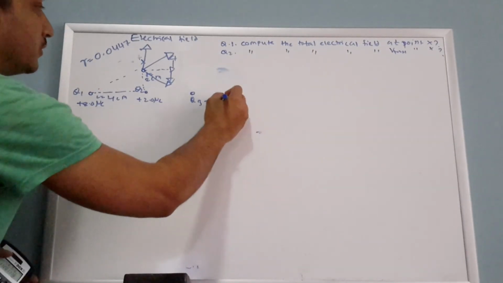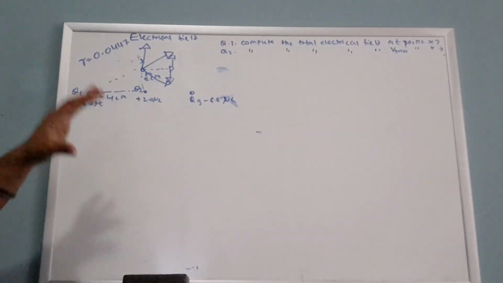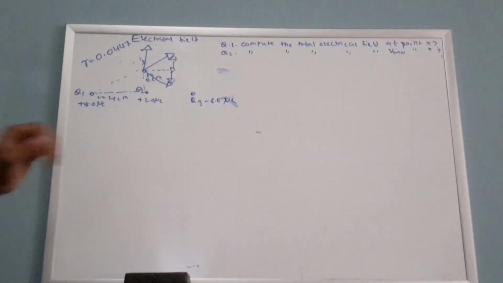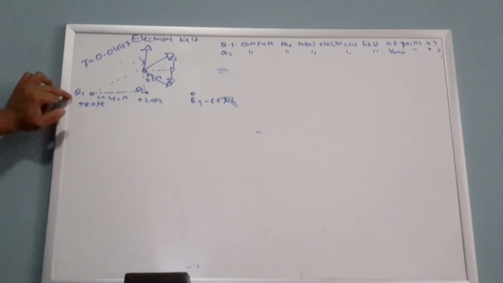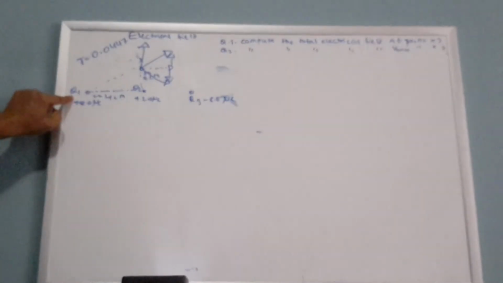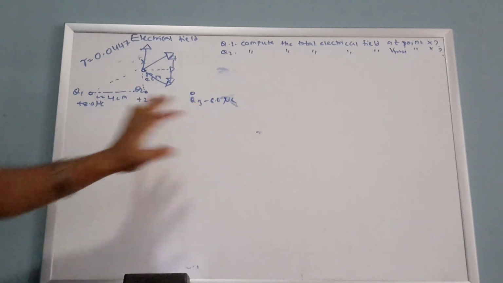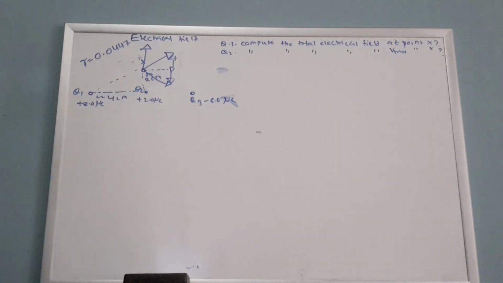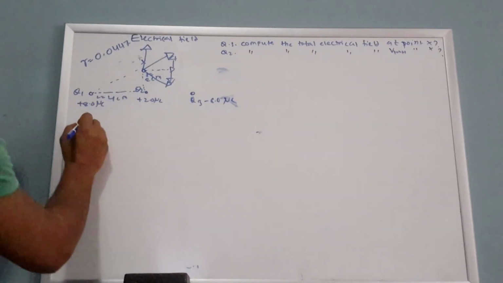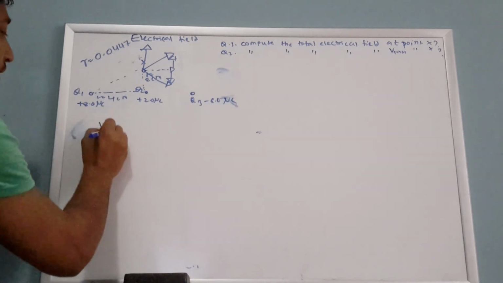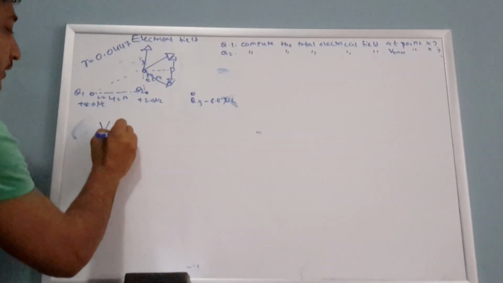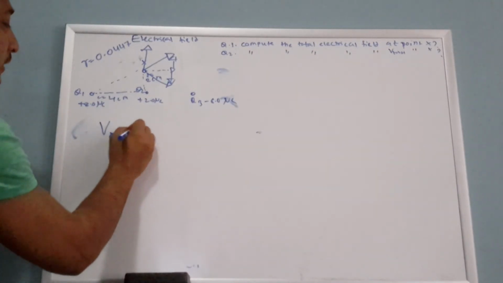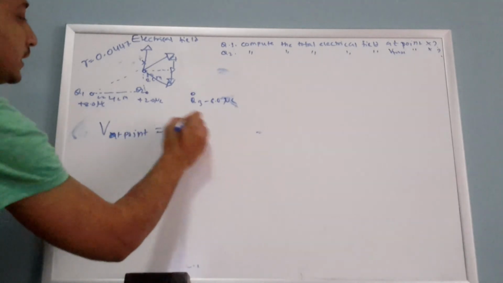It's not a vector quantity, it's a scalar. Scalars you just add up or subtract. Look right now, the smartest way: Q1 and Q3 have opposite signs, so they cancel out with each other and only Q2 remains. So the potential at point X is only kQ2/r.